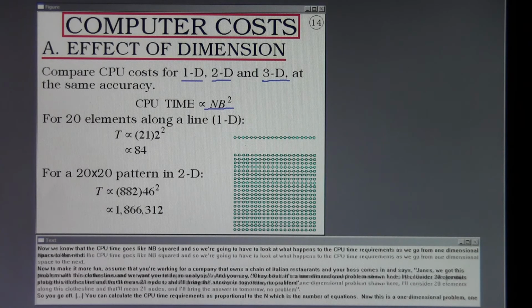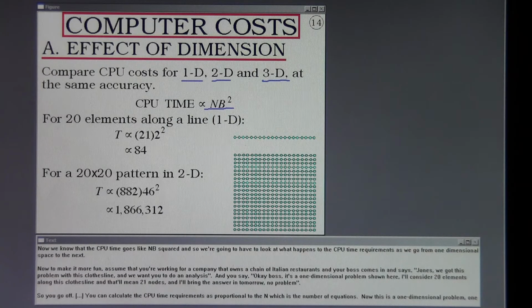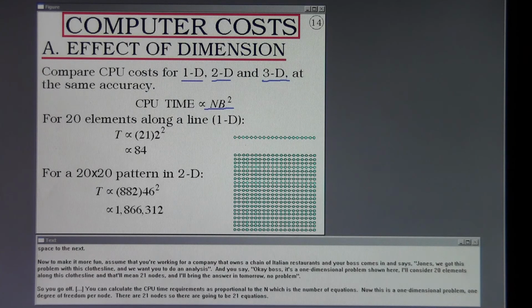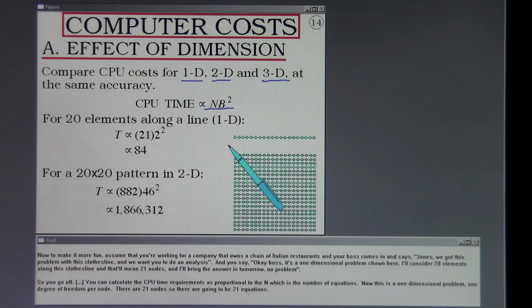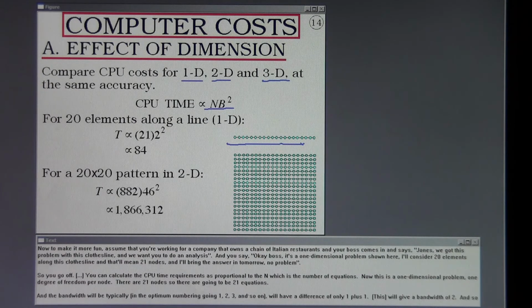Now, to make it more fun, assume that you're working for a company that owns a chain of Italian restaurants, and your boss comes in and says, Jones, we've got this problem with this clothesline, and we want you to do an analysis. And you say, okay, boss, it's a one-dimensional problem shown here. I'll consider 20 elements along this clothesline, and that'll mean 21 nodes, and I'll bring the answer in tomorrow. No problem.